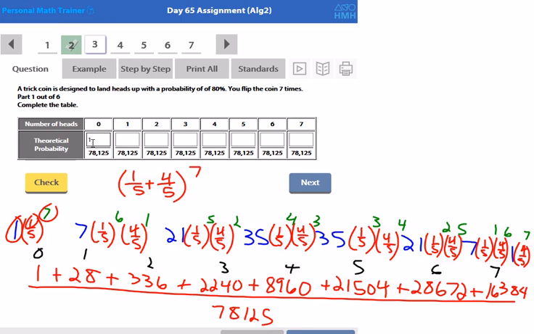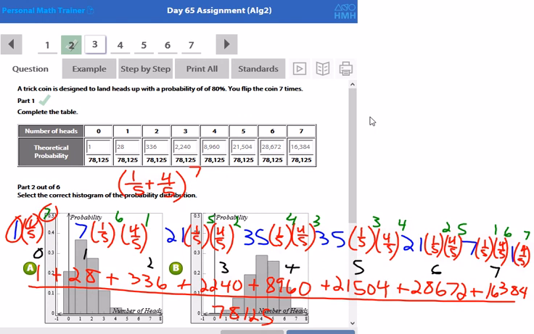So 1, 28, 336, 2240, 8960, 21504, 28,672. This appears to be the highest probability, getting six heads and 1 tail. And then finally 16,384.